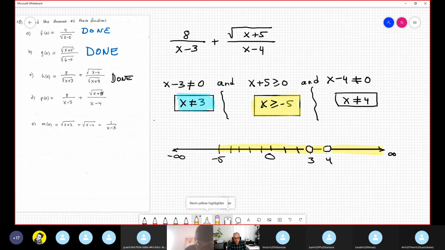Okay, this is easy to understand. This is a bracket, of course, because I saw an equal sign here. And here parenthesis, because we don't touch 3 and 4. And this continues forever to infinity. Okay, so what is our domain? Who helps me write the final answer of the domain?